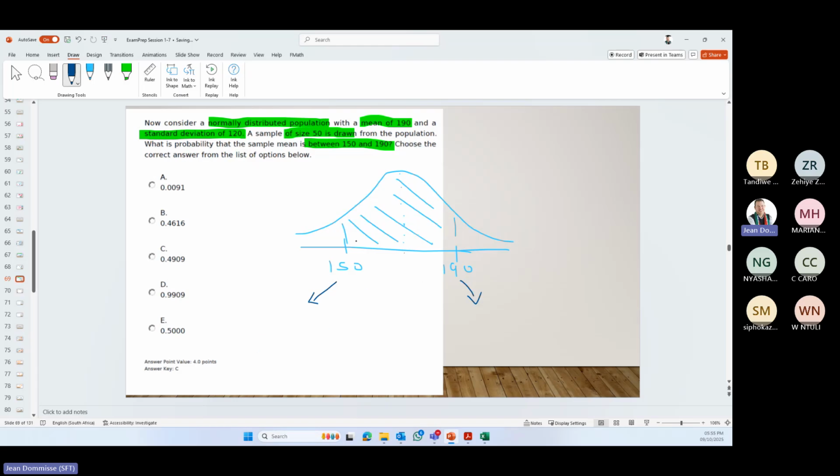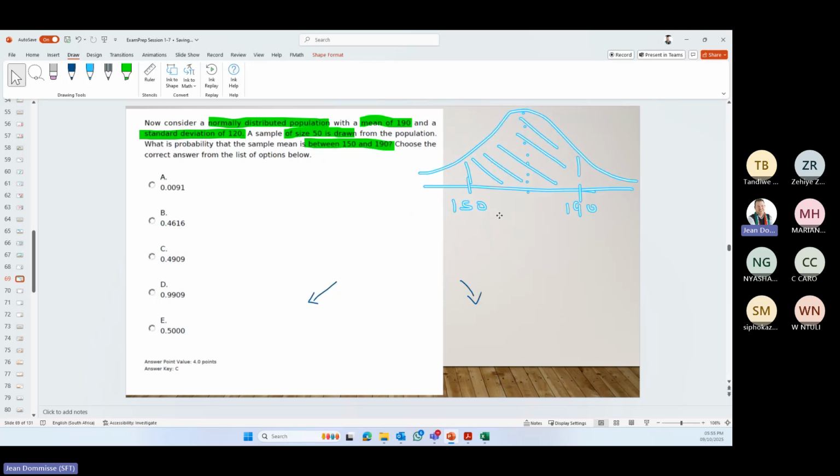So let's first work with the z for 150. Let's move this up so that we can work out what the z is when x is 150.